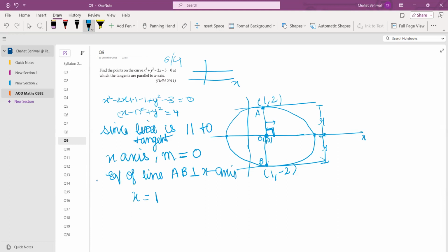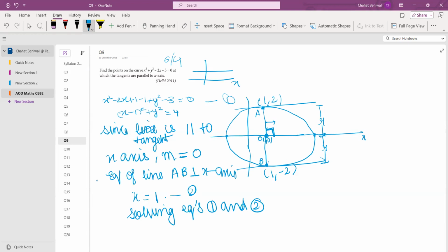But then we know the exact x coordinates, but we need to find the y coordinates too. So we are going to name this equation as 1, this as 2. Solving equations 1 and 2, you'll get 2 y coordinates.